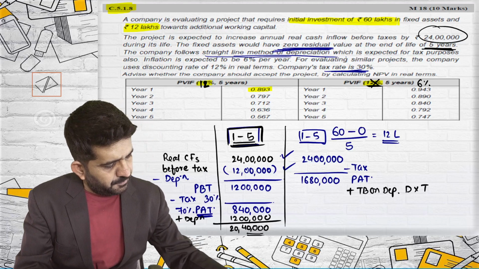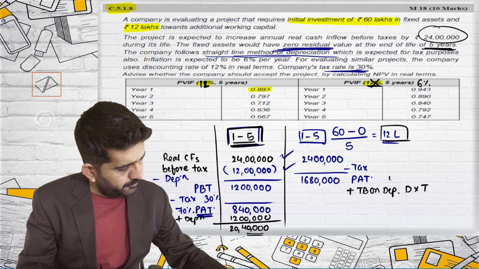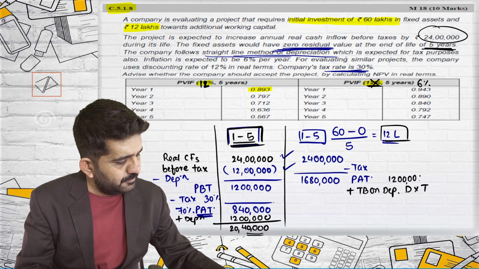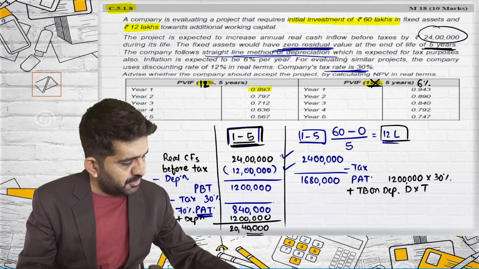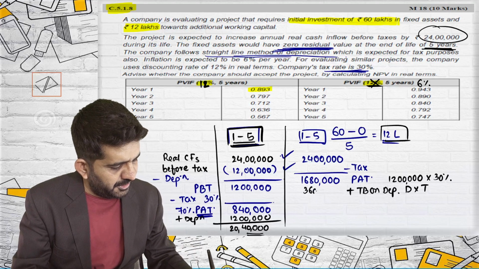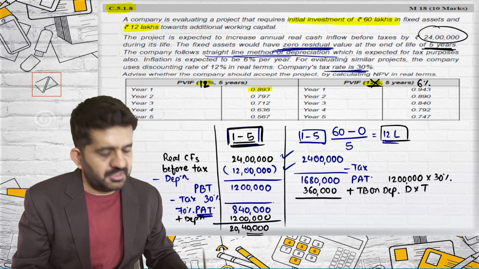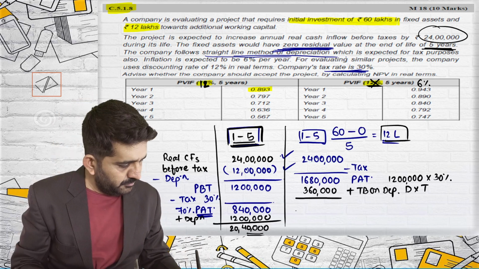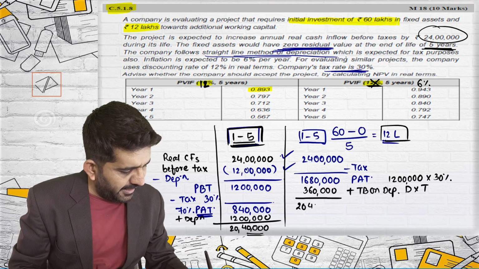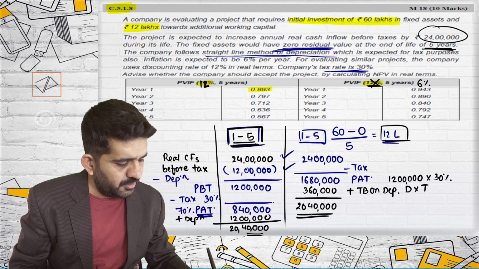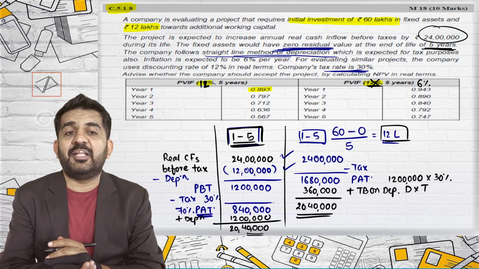What is depreciation per annum? We have already found out. 12 lakhs multiplied by 30%, which is 3,60,000. This will be 20,40,000.